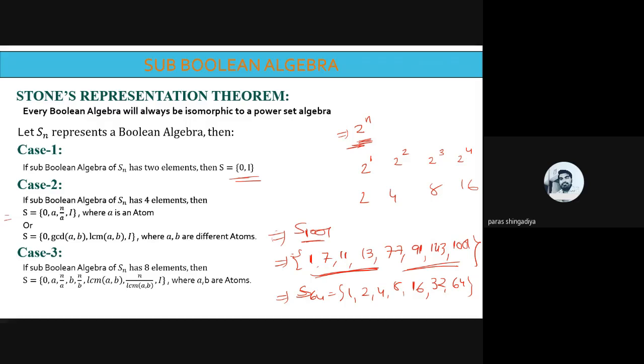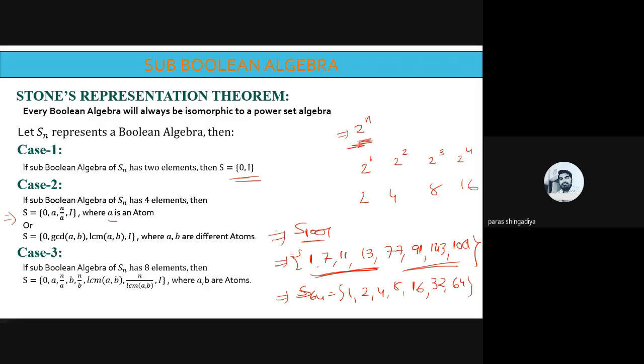Then S can be defined as {0, A, n/A, I}. This contains 4 elements: the 0 element, A, which is an atom, then n/A, where n is the last element of Sn, and then I. It contains 4 entries, so it is a sub-Boolean algebra of 4 elements. It depends on the atoms. If it contains 3 atoms, then we'll get 3 sets. If it contains 4 atoms, then we'll get 4 sets, and so on.